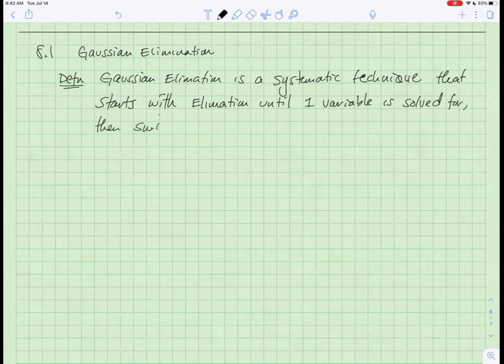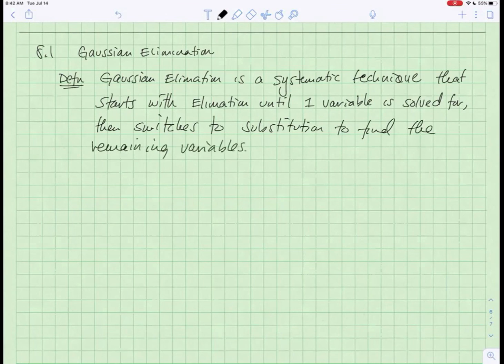Then it switches to substitution to find the remaining variables. So it's a combination. And it's very systematic. So we're going to look at an example of that.